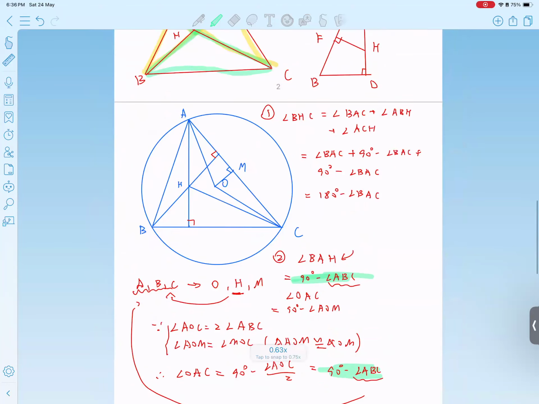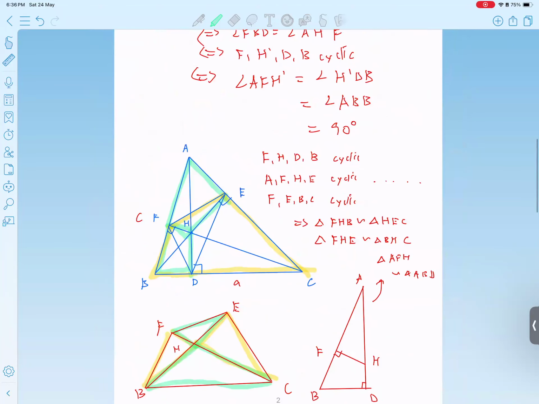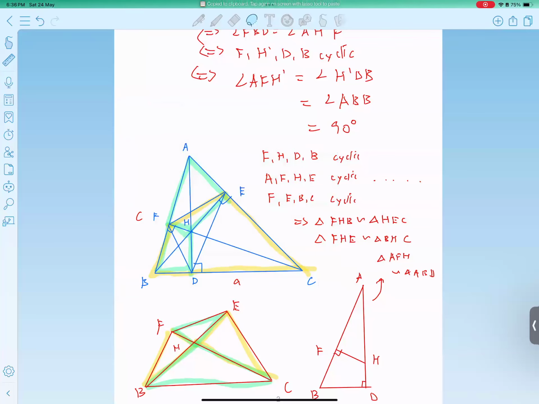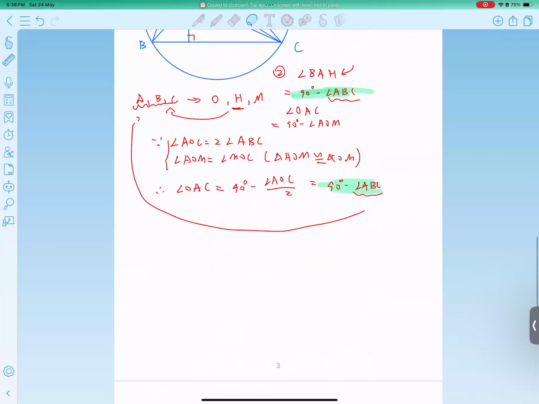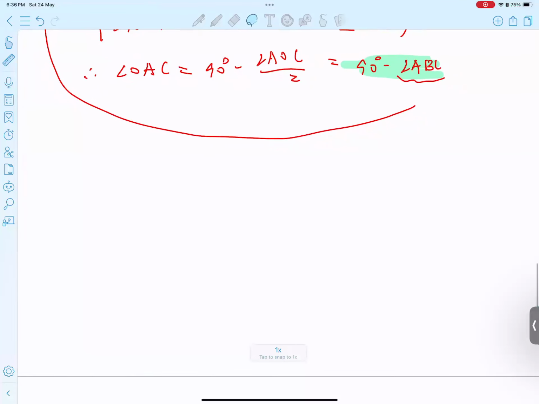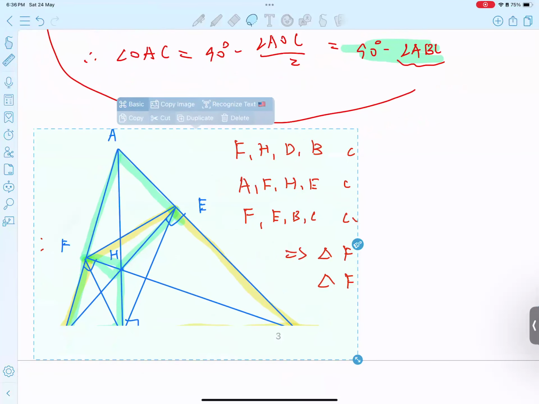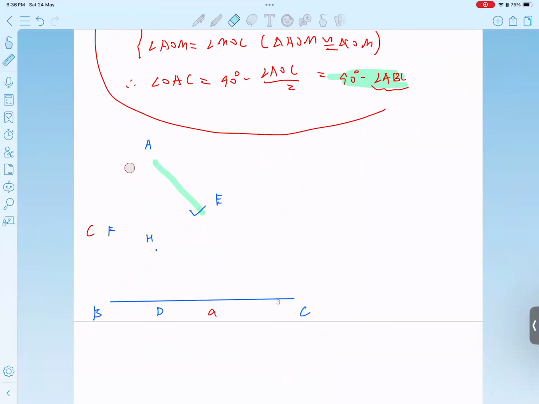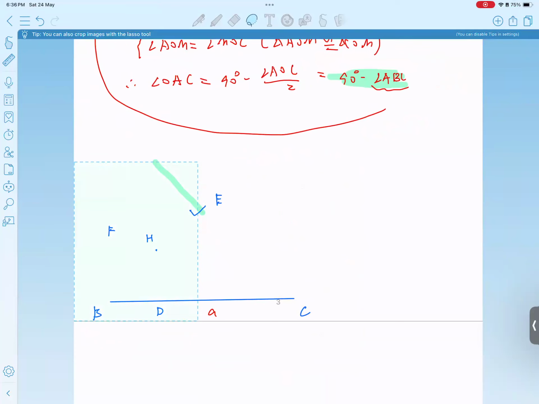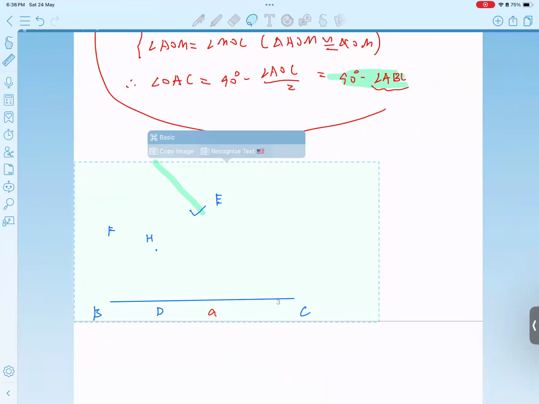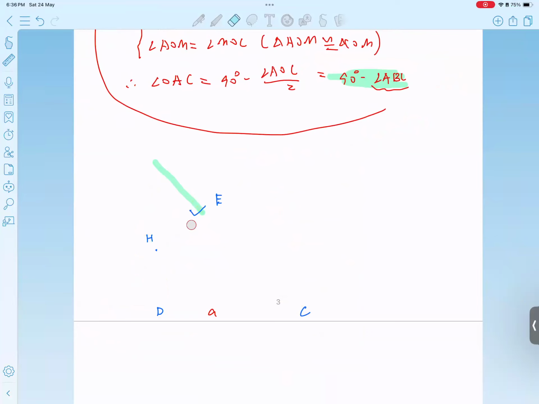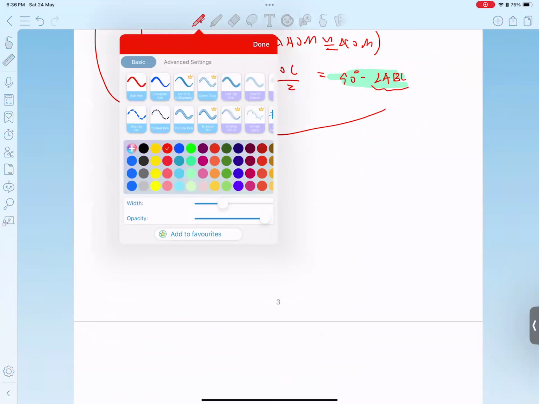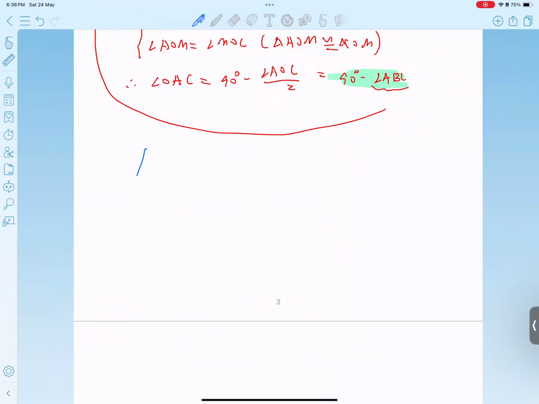For the third lemma, I'll actually draw a new diagram. It's closely related to the orthic triangle. It's a direct result of the orthic triangle actually.